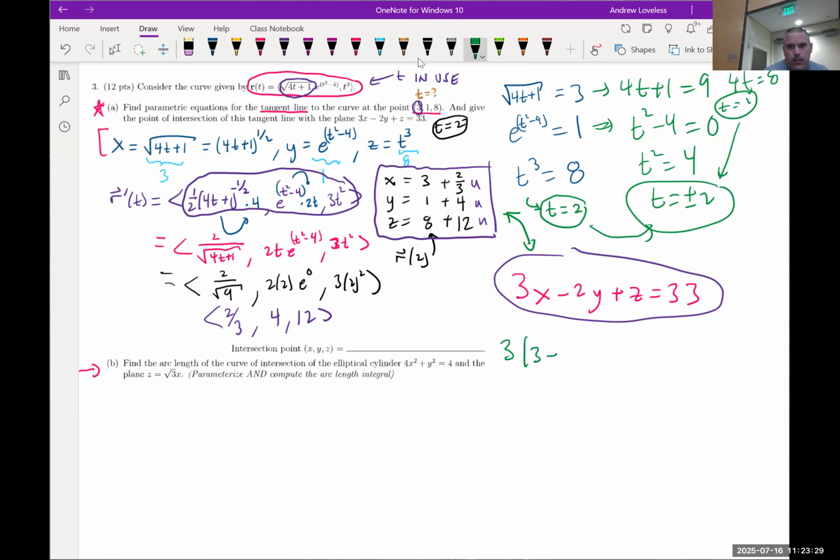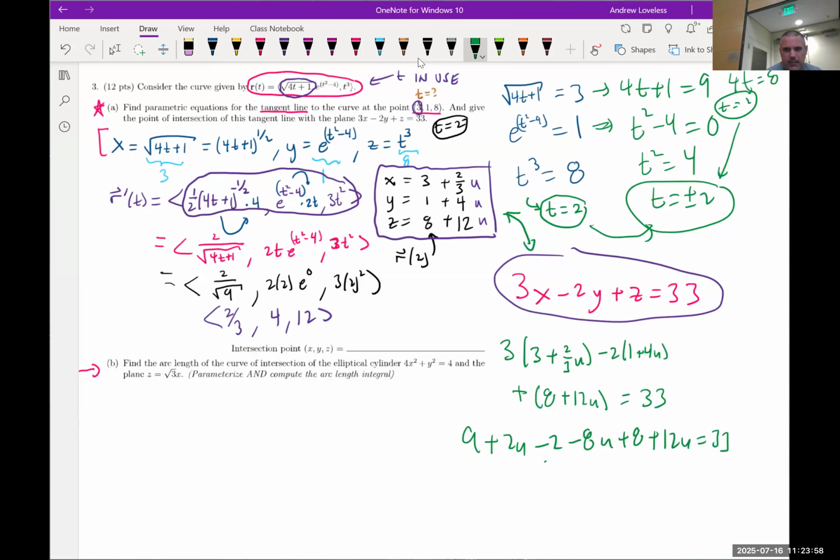So you go 3 plus 2/3 u minus 2 times 1 plus 4u. If all we do is find the lines, that's not that helpful, I don't think. We expand it all out, we find u, and we're done. So 9 plus 2u minus 2 minus 8u plus 8 plus 12u is 33.